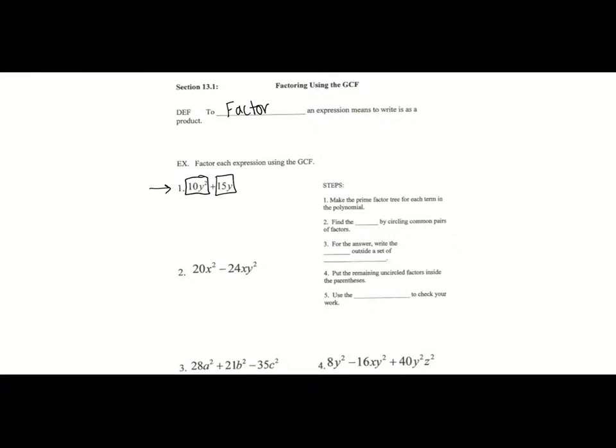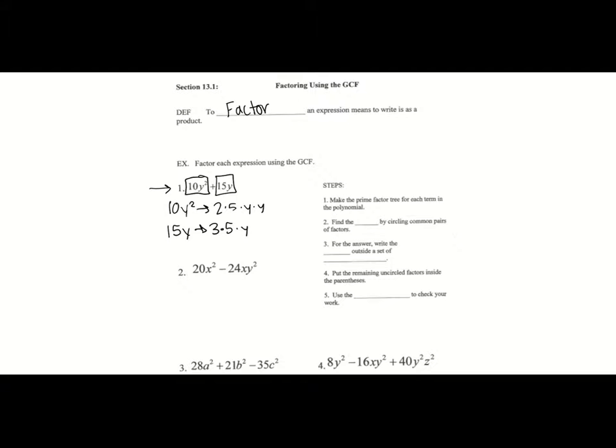So if we have a factor tree for 10y squared, that breaks up into 2 times 5 times y times y. Then for 15y, we can break that into 3 times 5 times y.